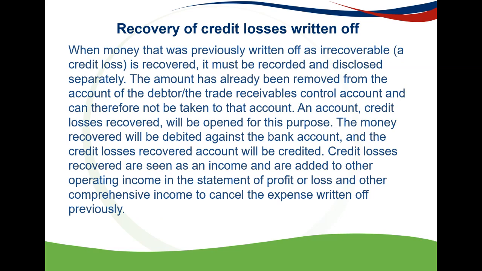This means that previously you were told that the debtor is insolvent, you're not going to receive anything, so you had to write that debtor off. You would have said debit credit losses and credit my debtor in the trade receivables ledger, and you would have credited the trade receivables control account.